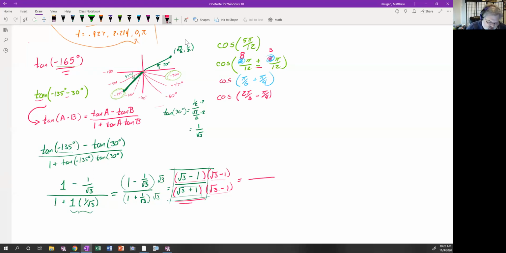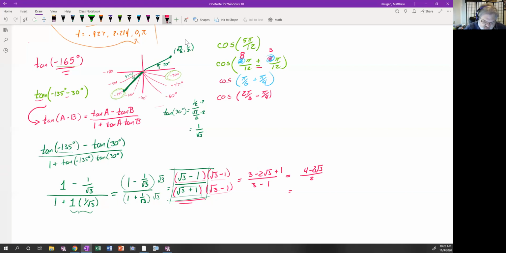So that denominator would turn into 3 minus 1. The numerator would turn into 3 minus 2 square root of 3 plus 1 when you multiply that out. So you'd get 4 minus 2 square root of 3, over 2.